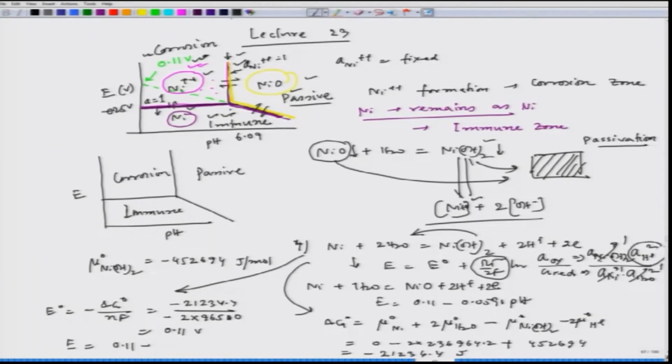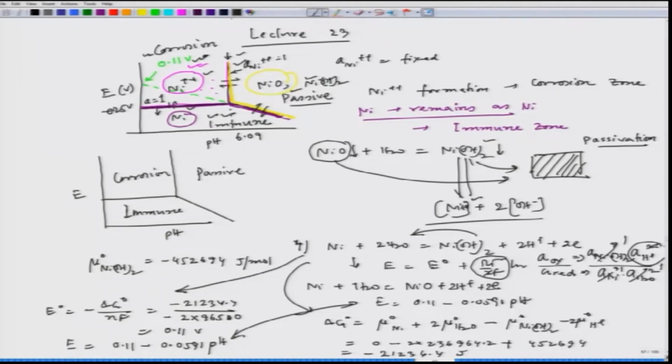So, you are left with this quantity. So, these two will get cancelled. So, finally, you would get the same pH, same equation. So, these two are getting the same equation. So, that means this line would be similar for Ni(OH)2 if we form Ni(OH)2 instead of NiO.